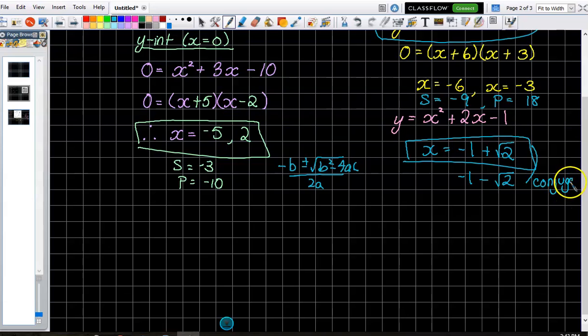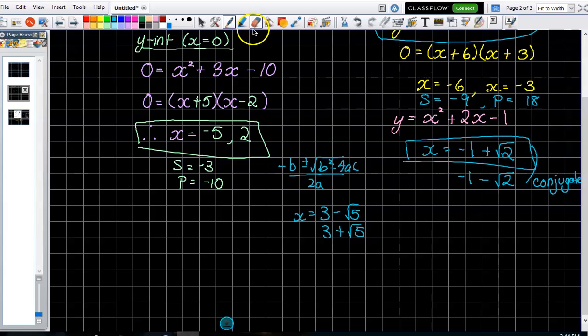Has anyone heard that word before? The conjugate. You just stick the minus in front or the plus. So if I had roots 3 take root 5, what's the other root? 3 plus root 5. Right, you're allowed to assume that. We're good with that. Nothing too major.